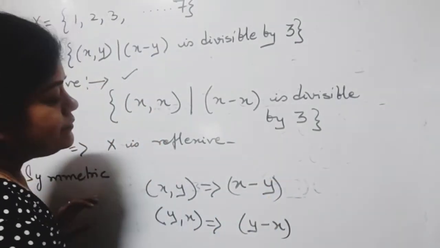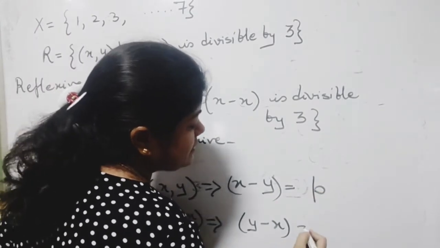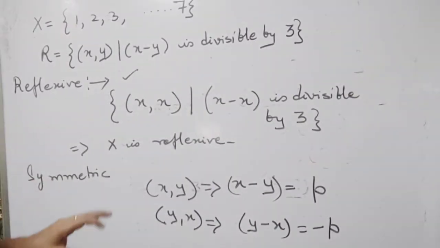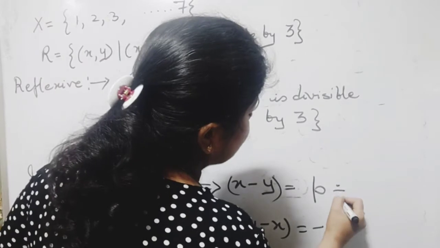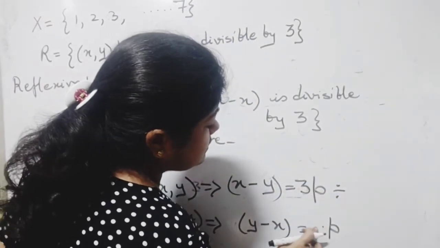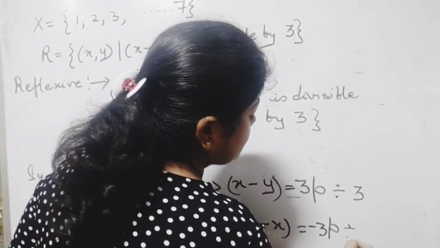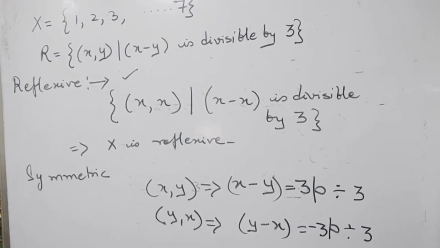For example, if the answer of this is p, the answer of y minus x becomes minus p. So for example, this is 3p, then this is minus 3p. Then it is divisible by 3 and it is also divisible by 3. So it is symmetric also.